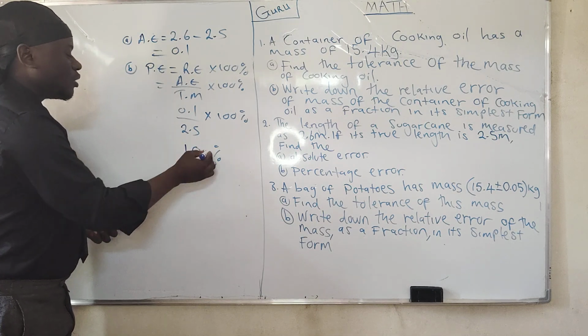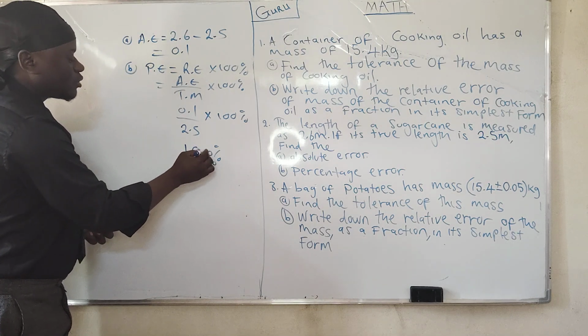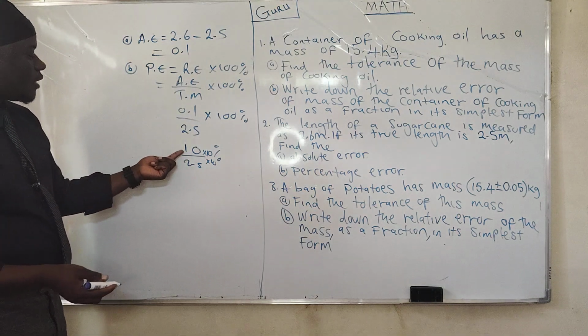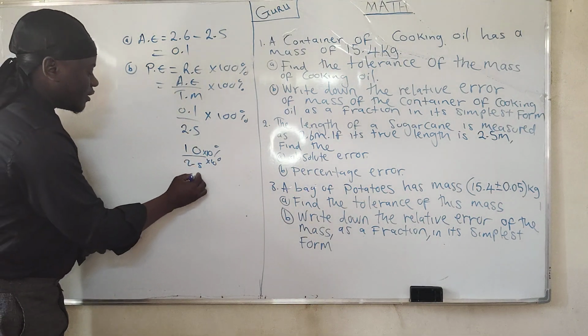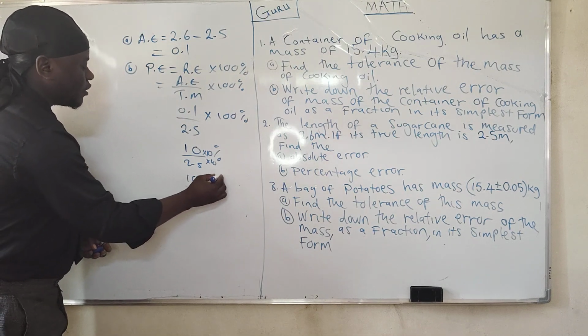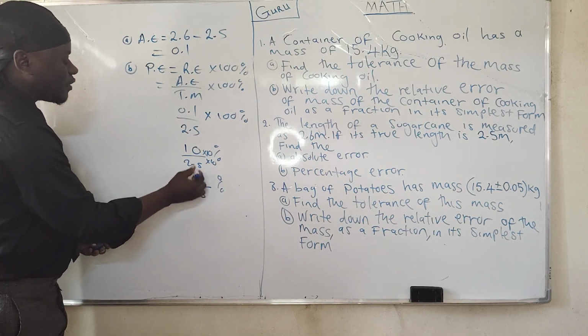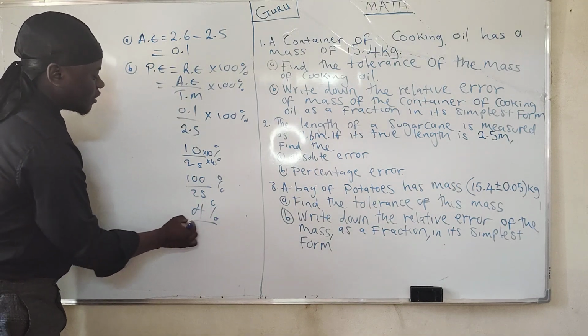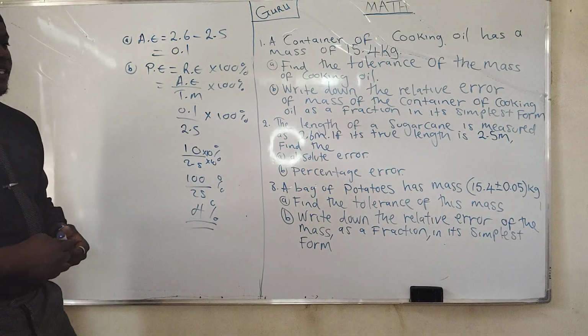Whatever you do down, that's what you should also do on top. So now you say 10 times 10, 100, over 2.5 times 10, 25. Then now we divide 25 into 100, how many times? 4%. So that's your answer.